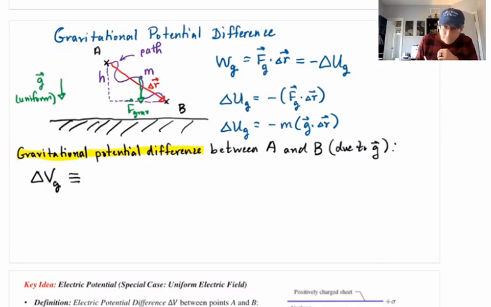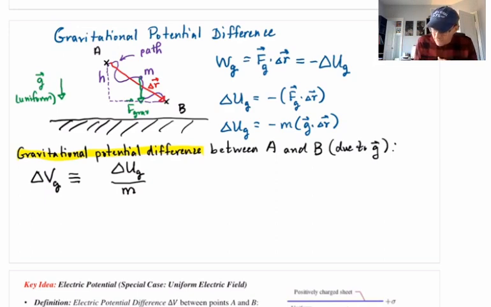Defined to be the corresponding change in gravitational potential energy when our particle of mass m moves from A to B, divided by the mass of the particle. Gravitational potential energy difference per unit mass. Okay? That's the definition.